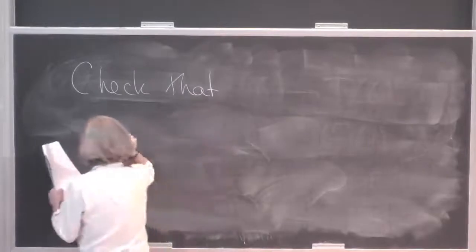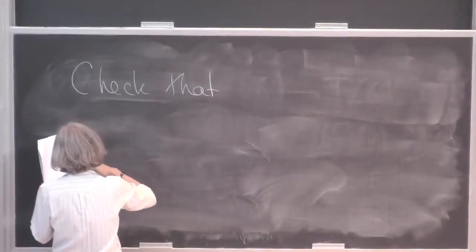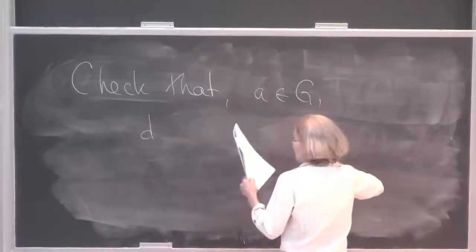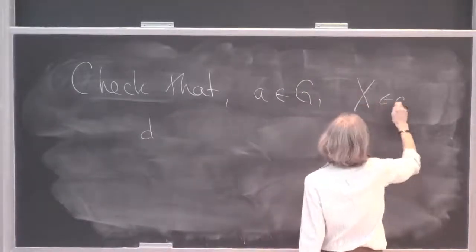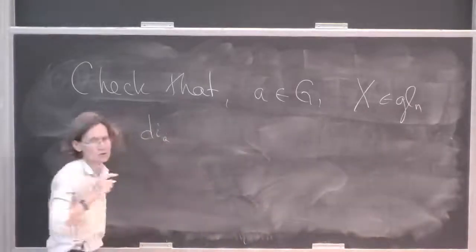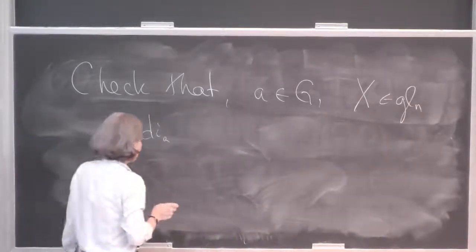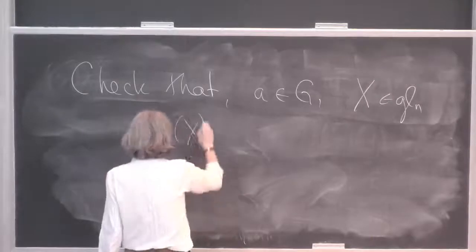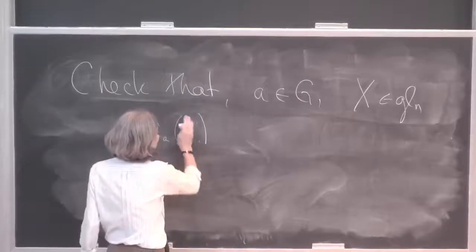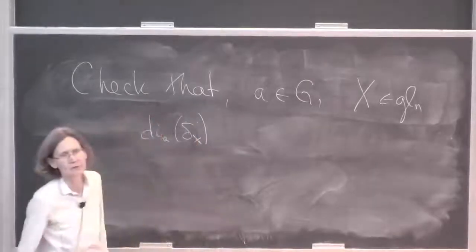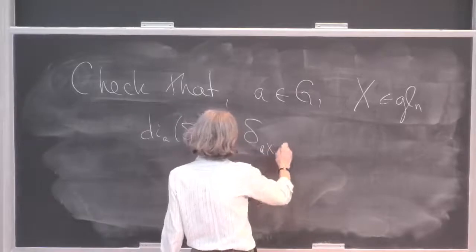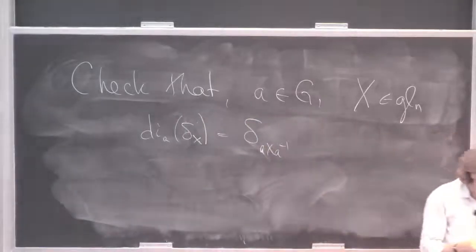For A in G and X in gl_n, if you take the differential of the conjugation by A map and act on d_X, then that is just d_{AXA^{-1}}.